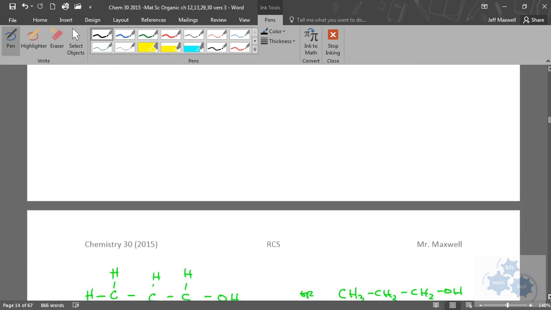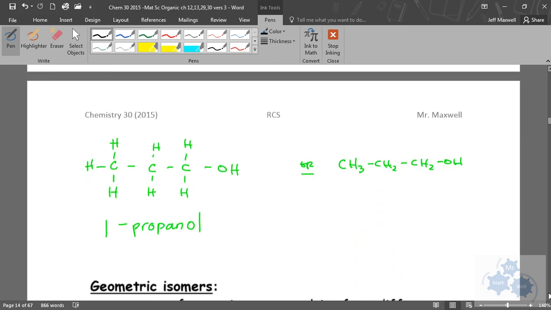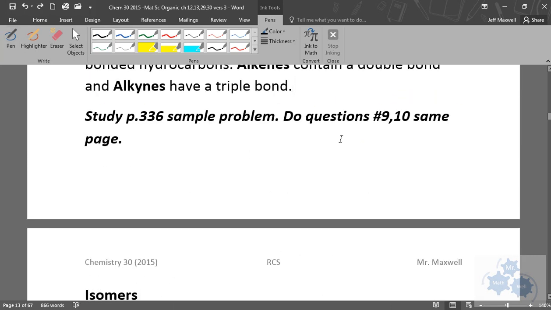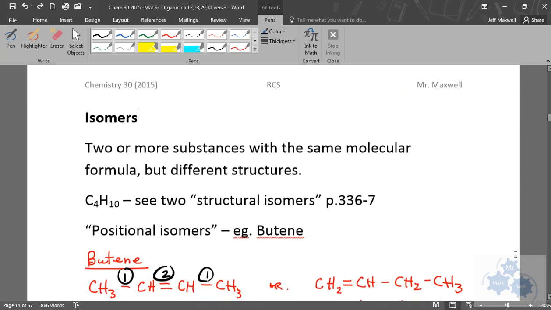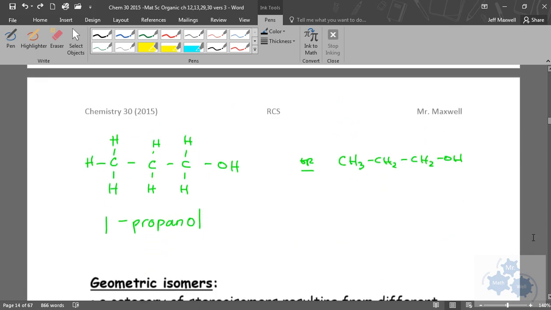An example, I think I have one right now. Yeah, right here. Okay. So here's the alcohol group, right? Attached to, really attached to propane, right? Methane, ethane, propane, 3 carbons. So we have propane, but we have a functional group attached to one of the carbons. And so this is 1-propanol.